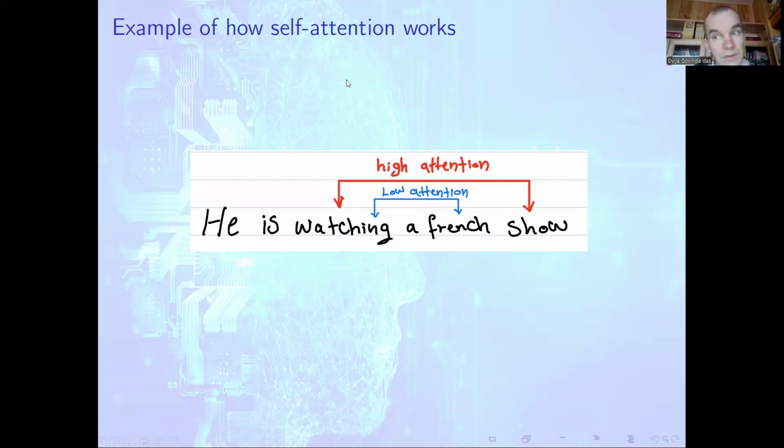A high attention is dedicated to this connection, since the fact that someone is watching a French show is not so important as, for example, that he is watching a show in this particular case. So the self-attention mechanism allows us to understand the basic relationships between the words in a sentence according to the proper context.